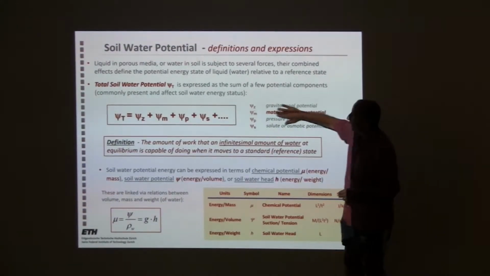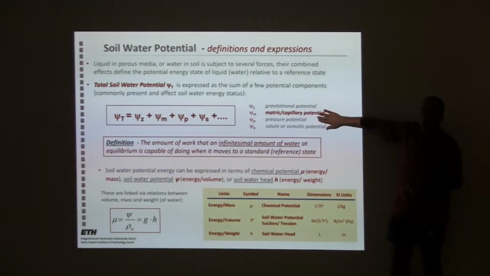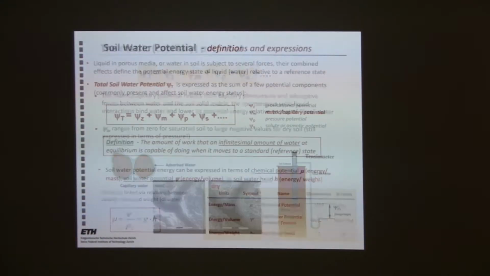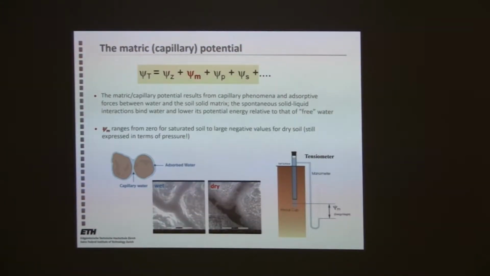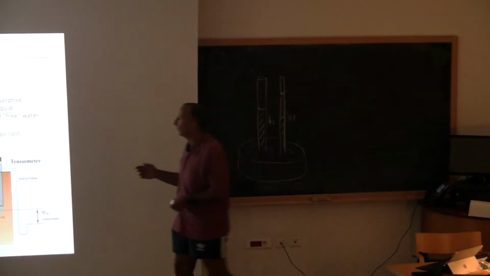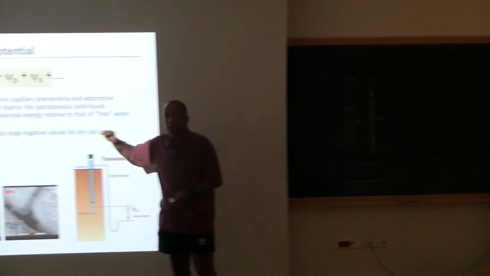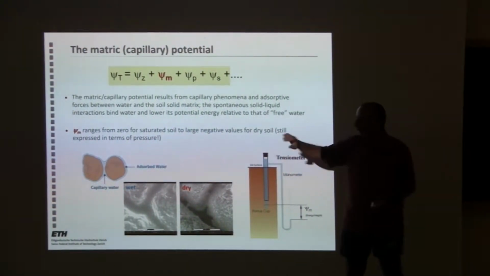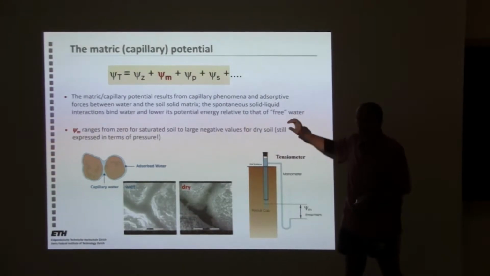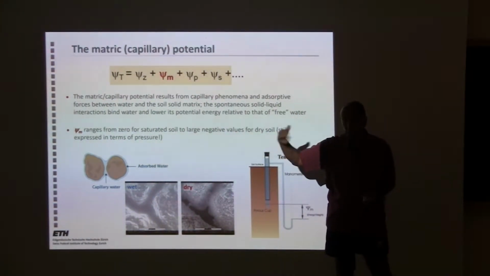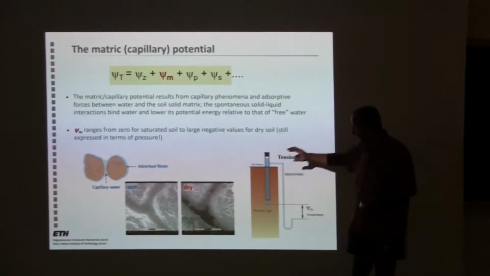I'd like to focus now, for the rest of my talk, on one component of the water potential, and that's the matric potential. The matric potential is extremely important in the unsaturated zone. It is a type of interaction that happens when you have air and water held in the same porous medium, in other words, when the system is unsaturated.